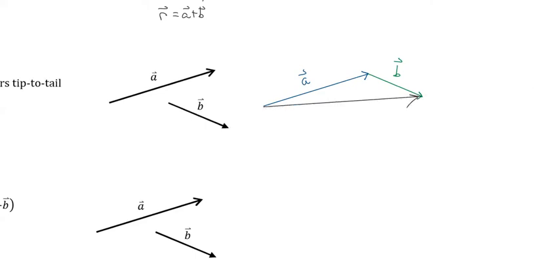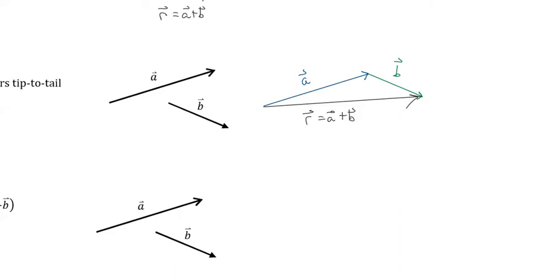And what about subtracting vectors? You could go back and apply this to the stuff we did up here, where A plus B, but B was in the opposite direction, was kind of like subtracting B if it was in the same direction. So there's some overlap here.